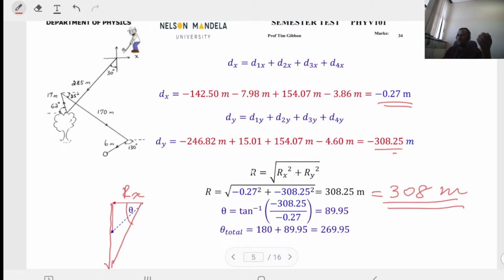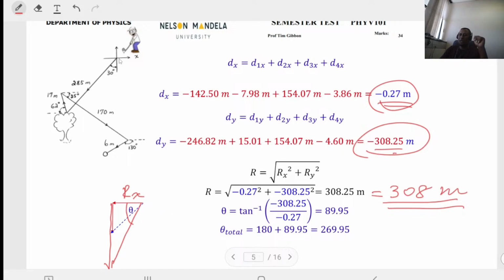The x component is small, the y component is big. The angle theta is tan inverse of the y component divided by the x component. I got 89.95. It's almost 90 degrees. It's as if it's almost straight down.